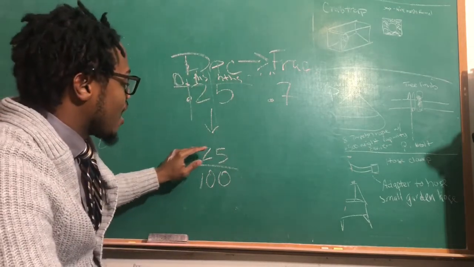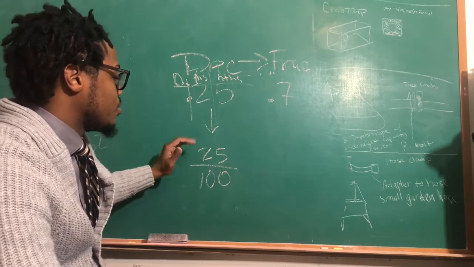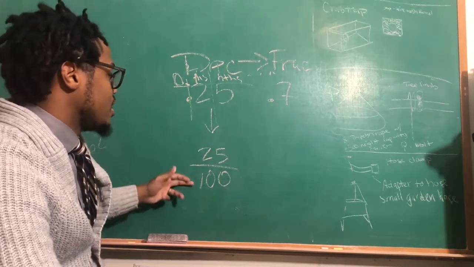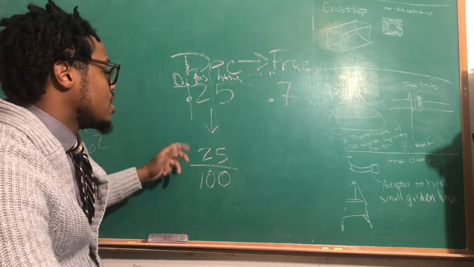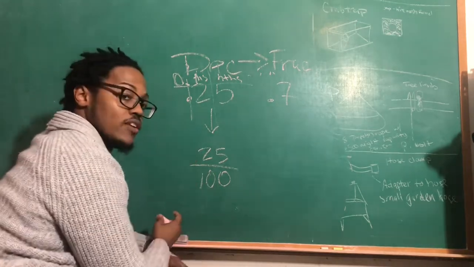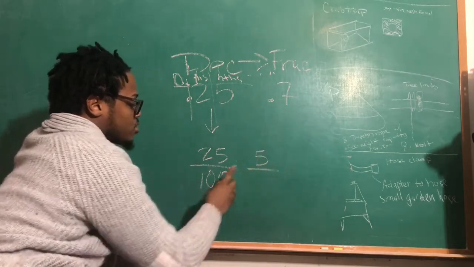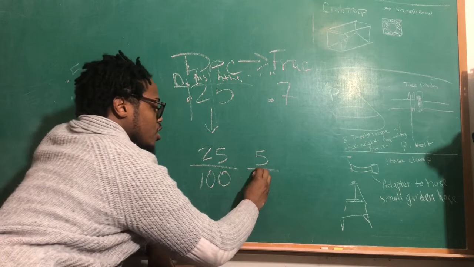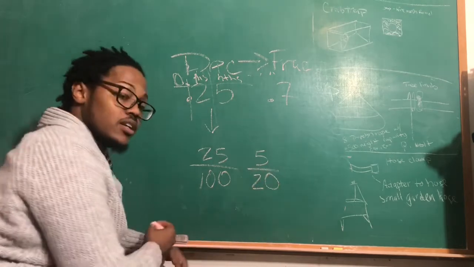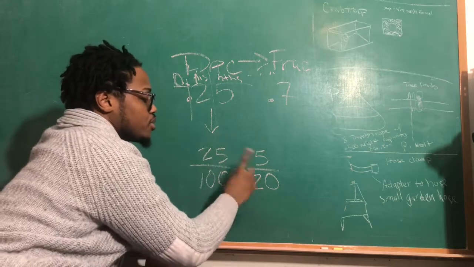So I could have 25, multiply that times 4, and try to think about it like that. In that case, I would say, well, 4 doesn't go in there evenly, but 5 definitely does. There's 2 things you can do here. I know 5 goes into 25 5 times. 5 also goes into 100 20 times. So I could end up with the fraction 5/20. But is that the simplest form?